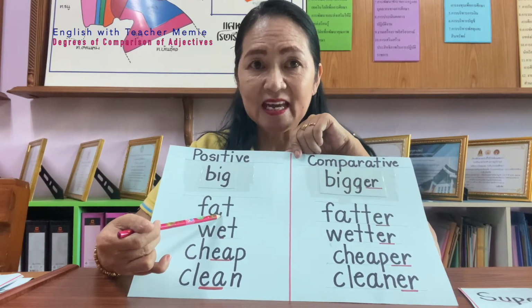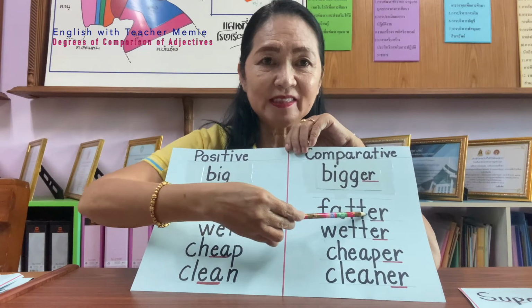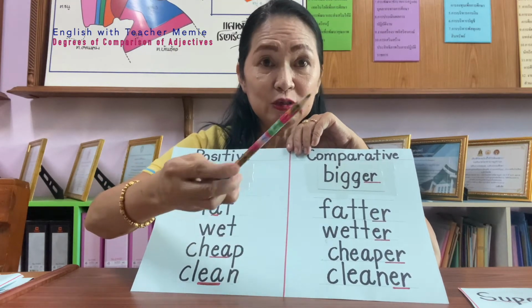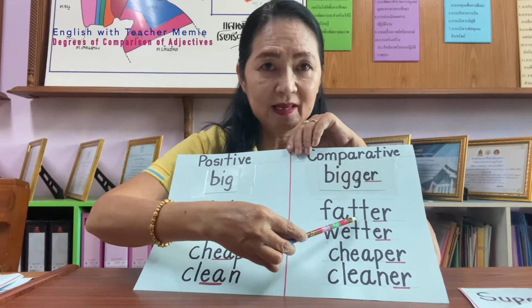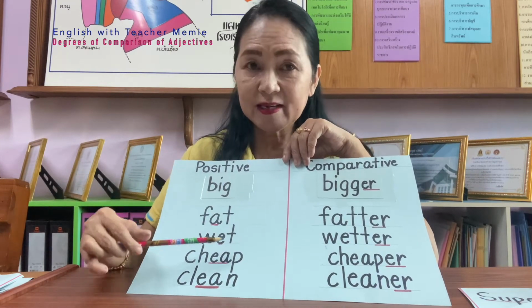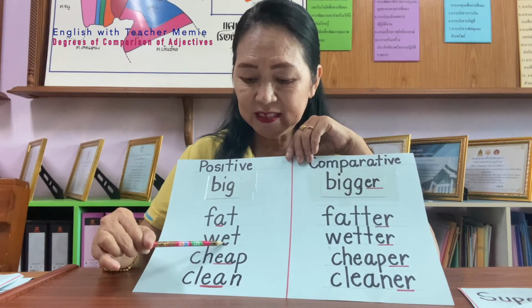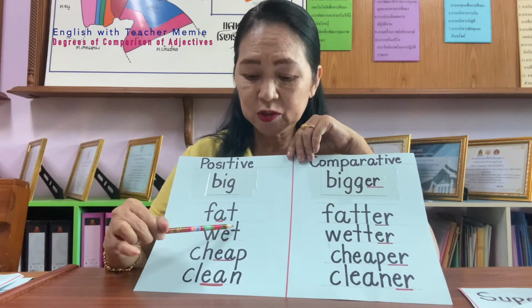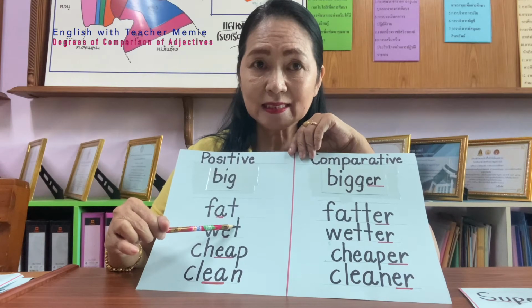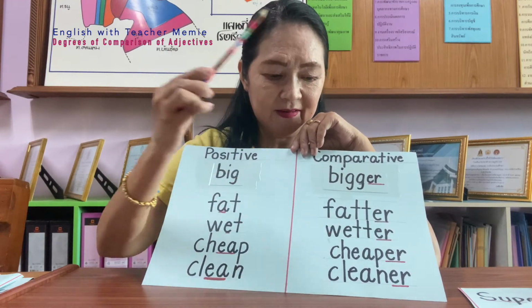So fat becomes fatter. Next, wet. Again, E is a vowel letter, so you have to double the last letter, which is T, then add ER.